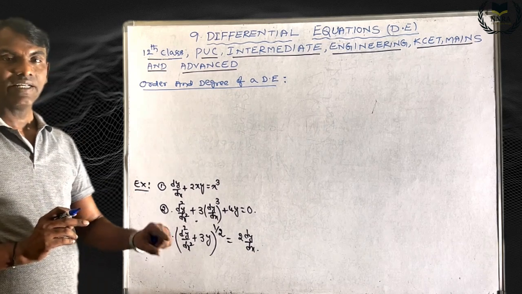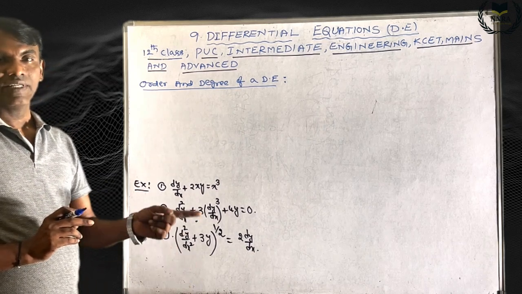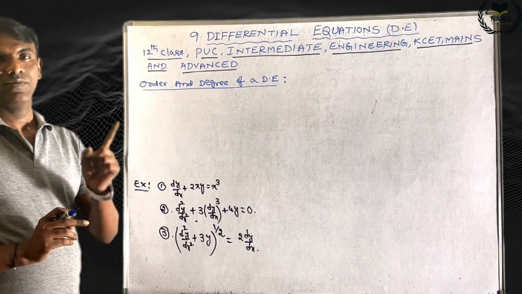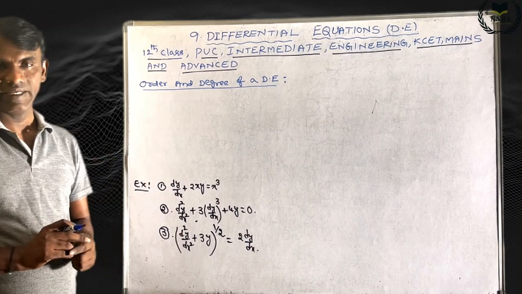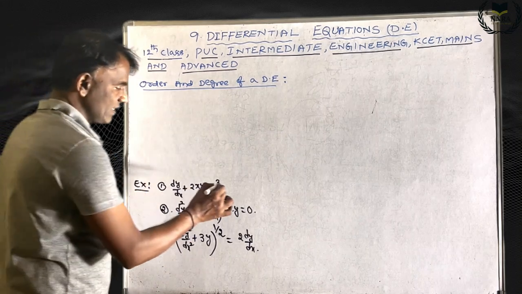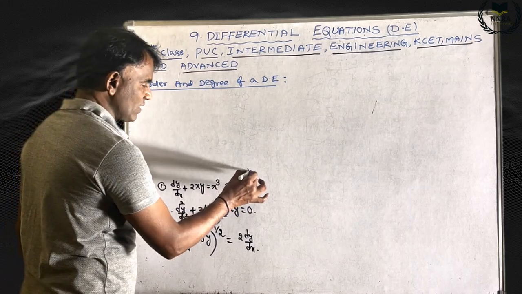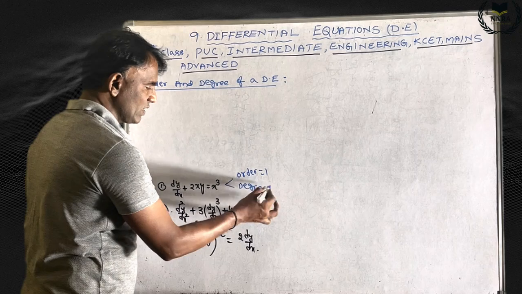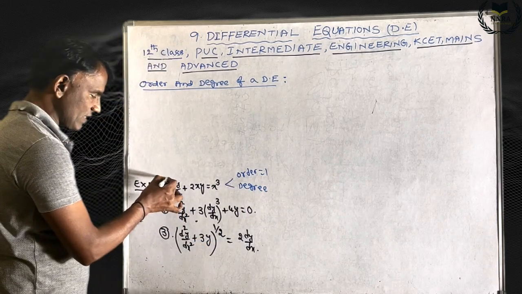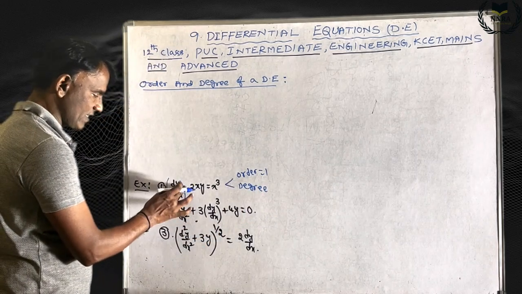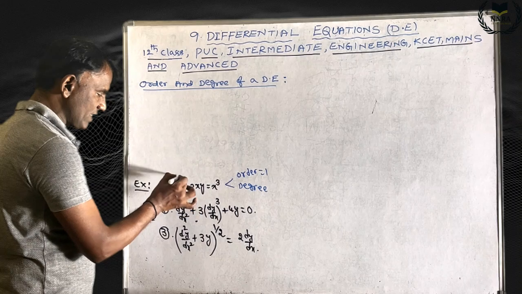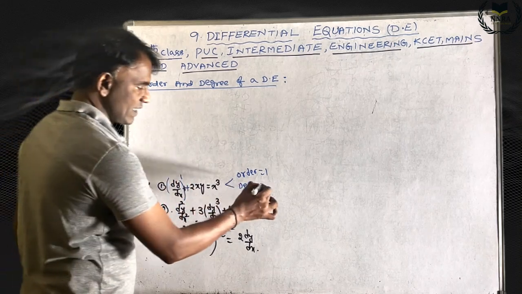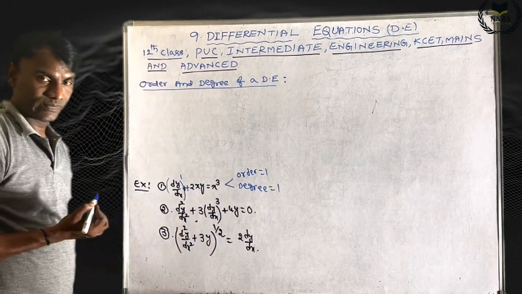It means we differentiated the given curve with respect to x once, only one time. So the order is equal to 1. And coming to degree, we just take the power of this derivative dy by dx. There is no power, so the degree is also equal to 1.